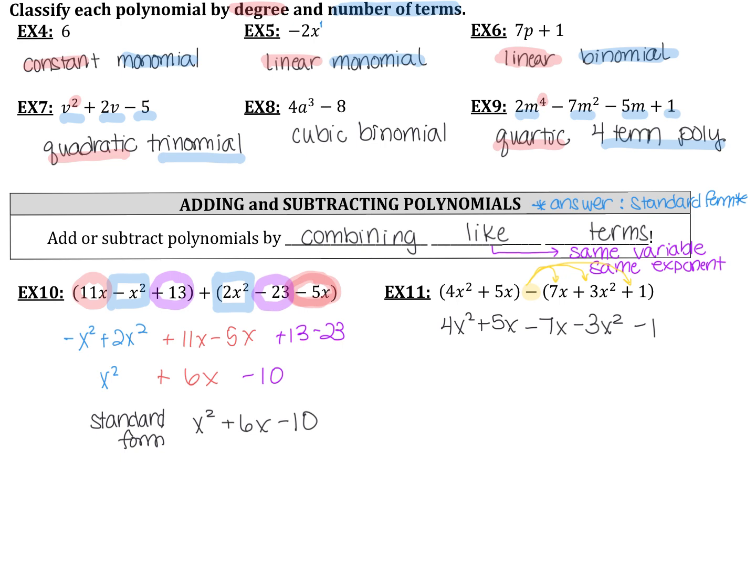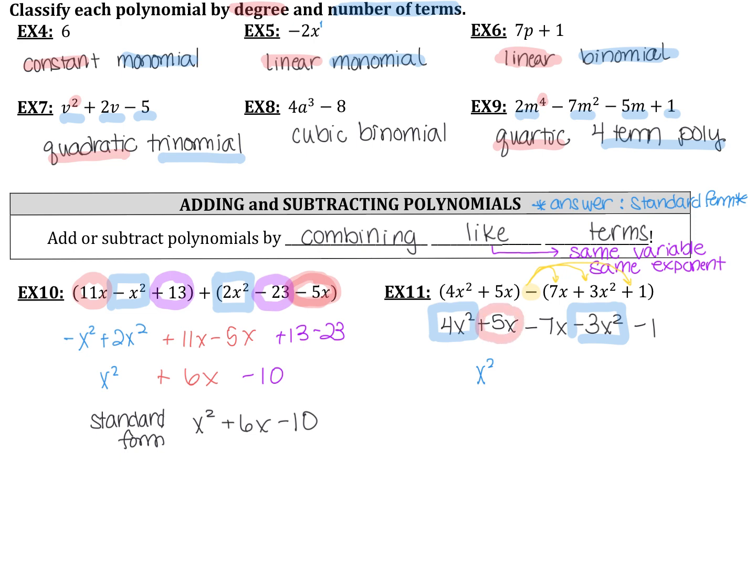All right, so my first like term, if we start here with my highest exponent, I see a positive 4x squared and a negative 3x squared. When I combine those, I get positive 1x squared. You can write just x squared or positive 1x squared. Then my next term I'm going to look for are my x's.